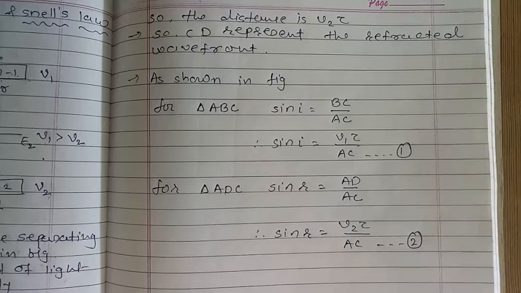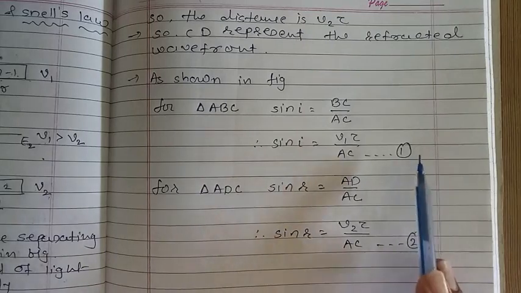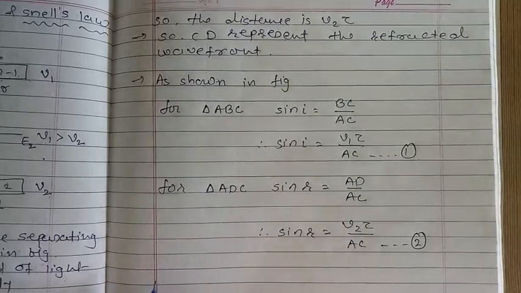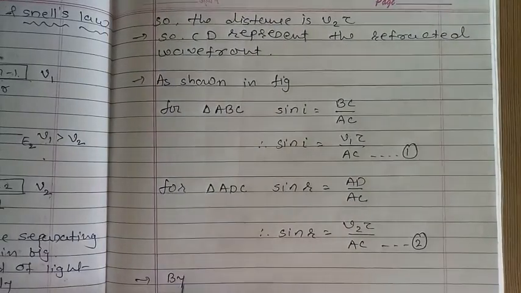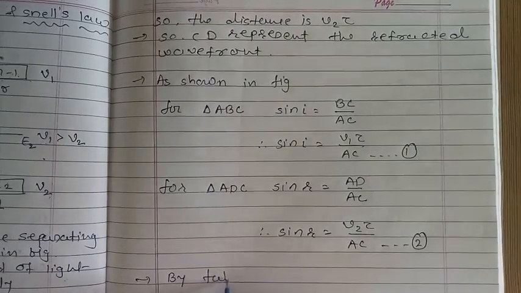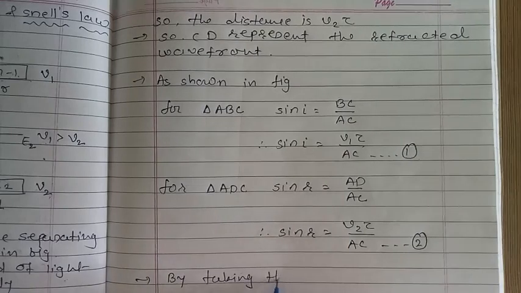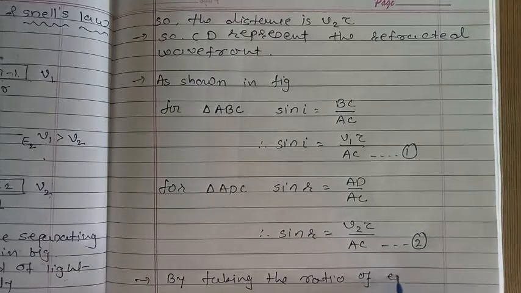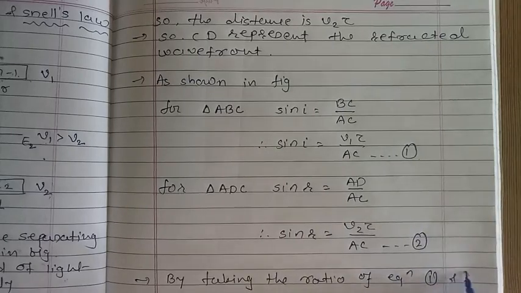Now we know Snell's equation n1 sin theta 1 is equal to n2 sin theta 2. So here we take the ratio of equation 1 and equation 2.